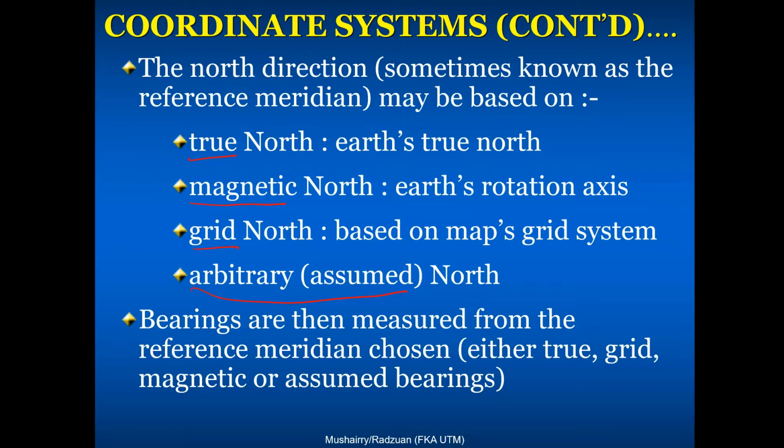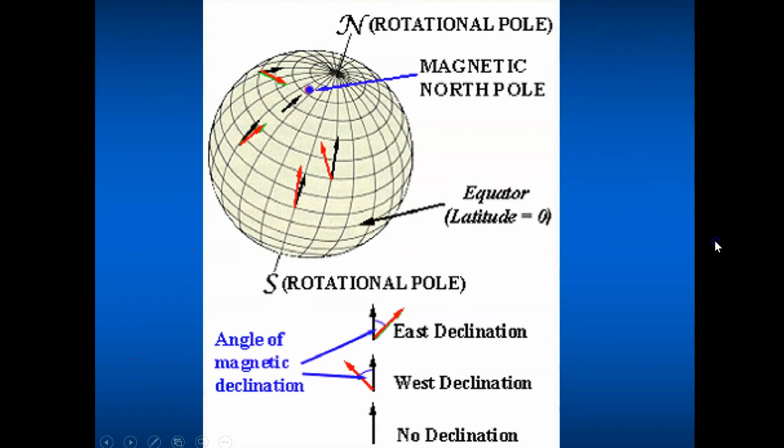So bearings are then measured from the reference meridian. We call it the reference meridian. The direction of north that we use is sometimes called the reference meridian. Now how do they differ? In that figure or slide, it shows the Earth and shows the rotational pole.